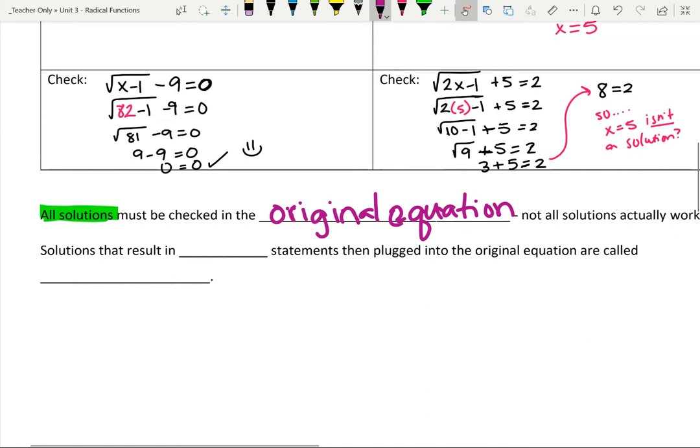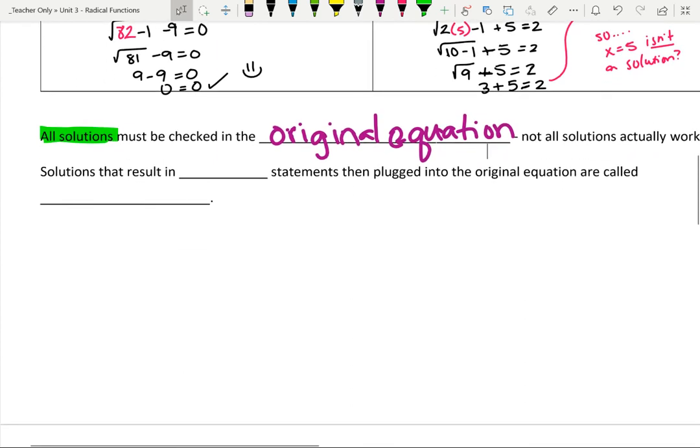Because not all solutions will actually work. And we have a name for those. Any solution that results in false statements when we substitute them back in, like that 8 equals 2 is a false statement, are called extraneous.